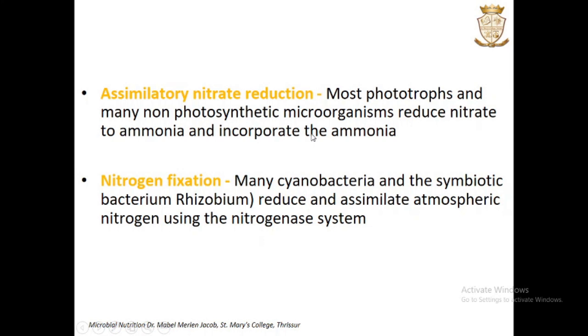Here, the nitrogenase enzyme fixes atmospheric nitrogen and makes it available in other forms such as ammonia, which can be readily utilized by plants and these bacteria. Cyanobacteria can be both free living and symbiotic. Rhizobium usually performs nitrogen fixation in symbiotic association with legumes.